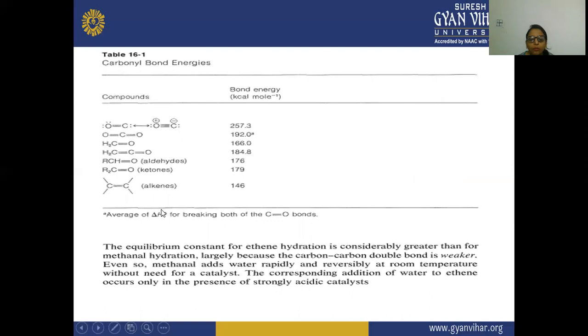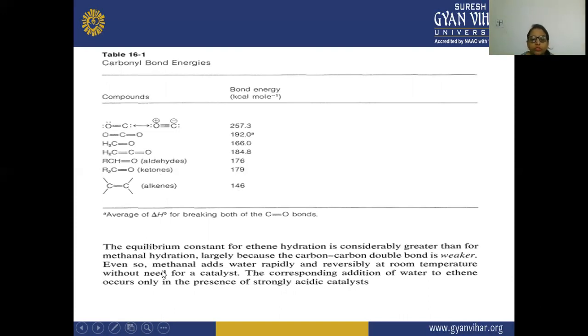Next is the carbonyl bond energy. The bond energy of the carbonyl in CO is 257, carbon dioxide is 192, and this is 166. Aldehydes and ketones have less, 176 and 179, and alkenes have 146 bond energy.